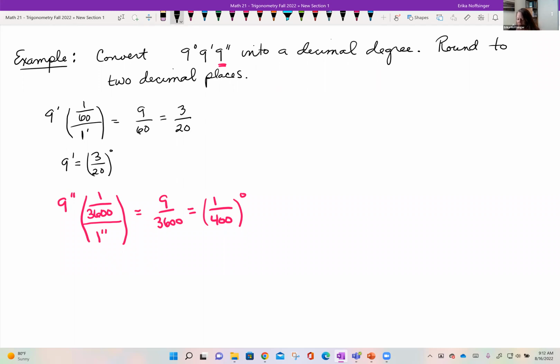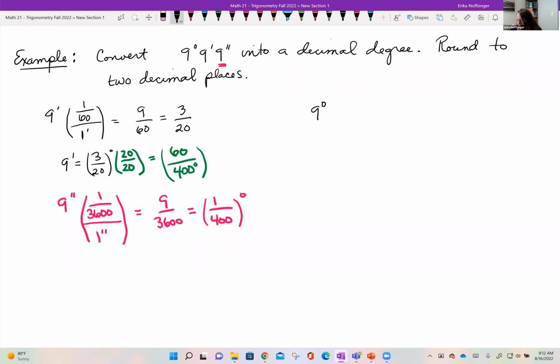So we're going to need a common denominator. And I noticed here I have 3 over 20 degrees, and I have 1 over 400 degrees. So I notice my least common denominator is 400. So I'm going to multiply this 3 over 20. 20 times 20 is 400. So this is equal here to 60 over 400 degrees.